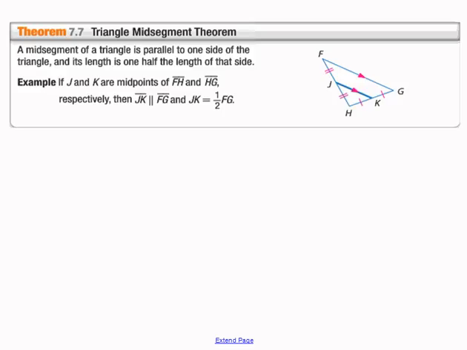And remember the trapezoid mid-segment? That mid-segment, when this was the same as this and this was the same as this. The same thing goes for the triangle mid-segment theorem. If we have this parallel line here, it cuts this in half and it cuts this in half.